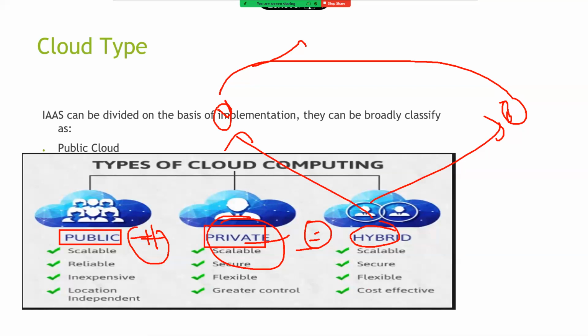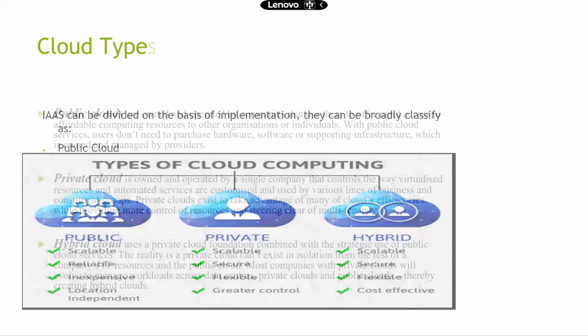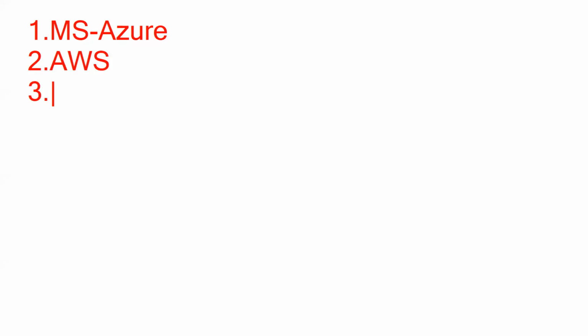Okay, this is about what types of cloud computing are there in the market. As you know, there are already different vendors providing cloud computing technology in the market. What are they? One is Microsoft Azure. Second one, AWS. Third, GCP, Google Cloud.